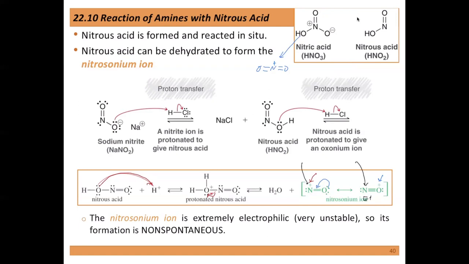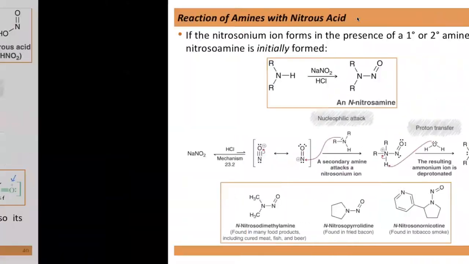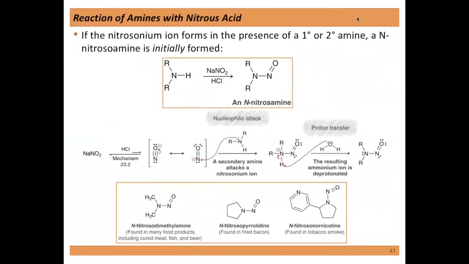Again, very similar to what we did with the nitronium ion, where we pushed nucleophiles into the nitronium ion up here in the box, but we're going to do it in the nitrosonium ion, and we're going to use specifically nitrogen nucleophiles.